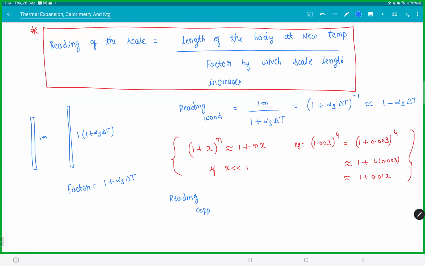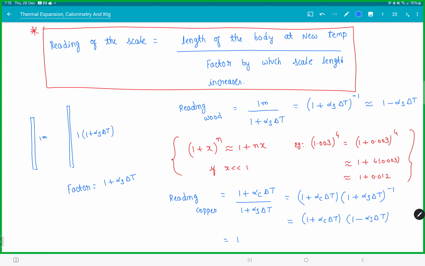Now copper's length actually changes, so that will be (1 plus alpha copper delta t) by (1 plus alpha steel delta t), the whole power minus 1. Again, we use binomial approximation: (1 plus alpha copper delta t)(1 minus alpha steel delta t).